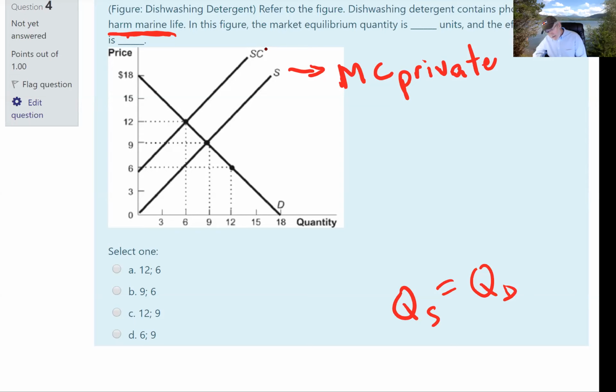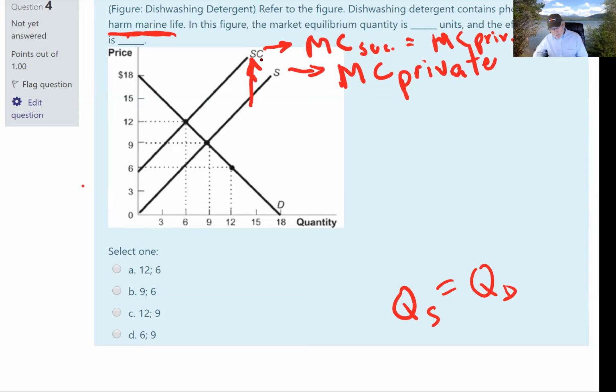The SC is the social cost curve, and the marginal cost to society is equal to the marginal private cost plus the marginal external cost. All we have to do to take the external cost into account is to shift the marginal private cost curve up by the amount of the externality.